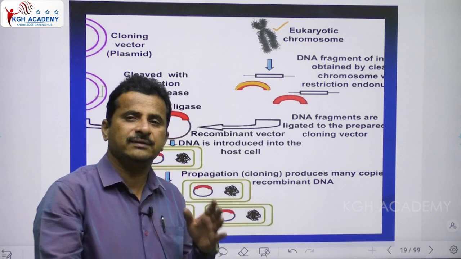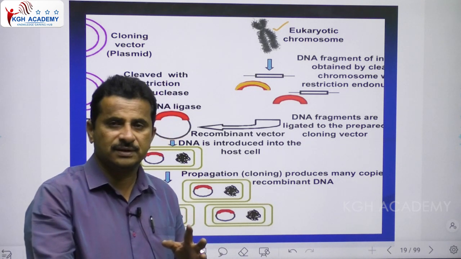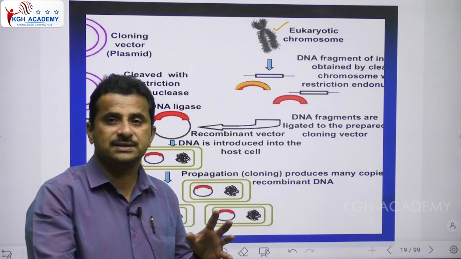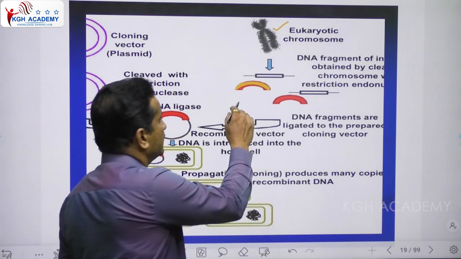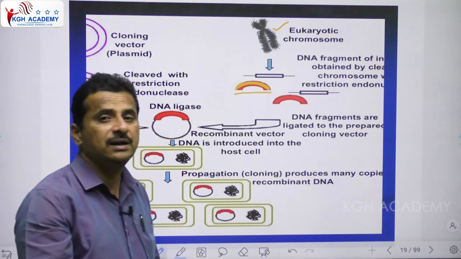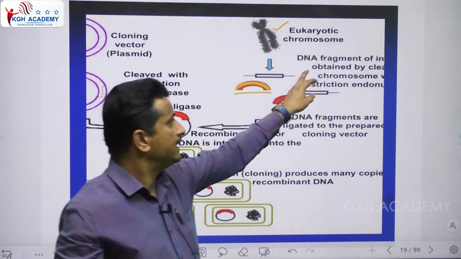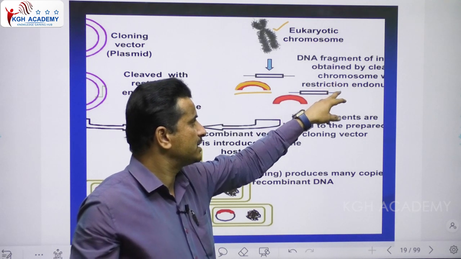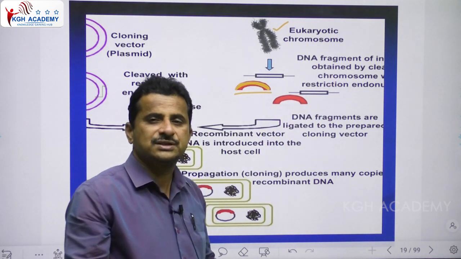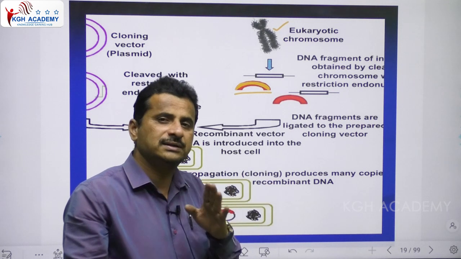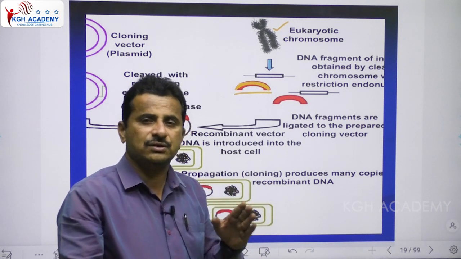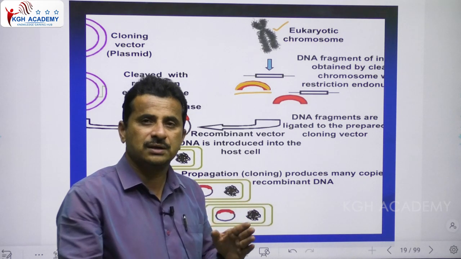By cutting DNA with the help of restriction enzymes, also called molecular scissors, we isolate a DNA or gene. See, DNA fragments are obtained by cleavage of chromosomes with restriction endonucleases. Restriction endonucleases help to cut the DNA at a particular site. That's why restriction endonuclease is also called molecular scissors.